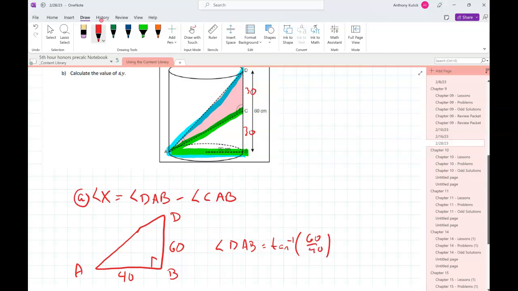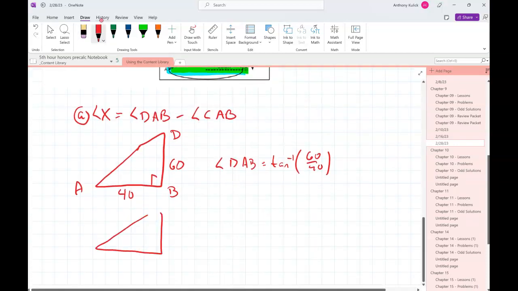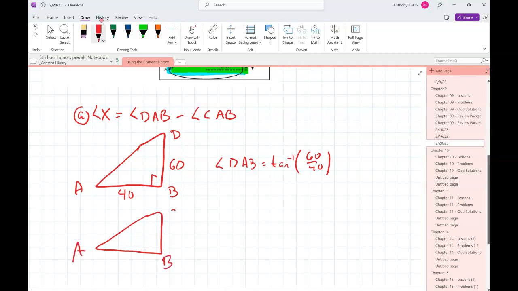Easy enough. And then angle CAB, well, this is still 40, but this is now 30.